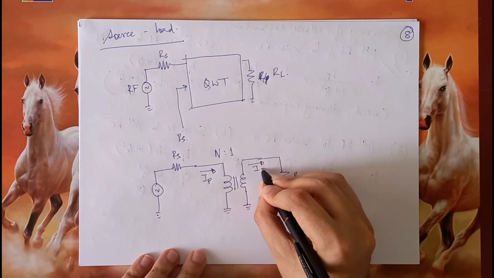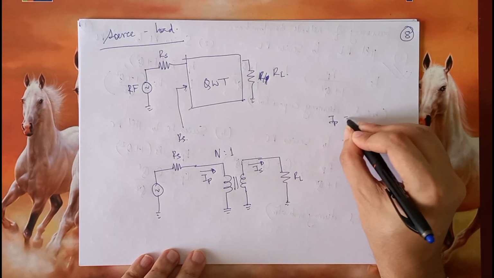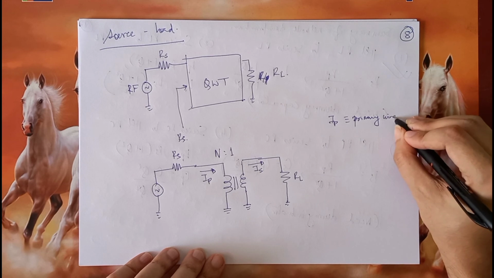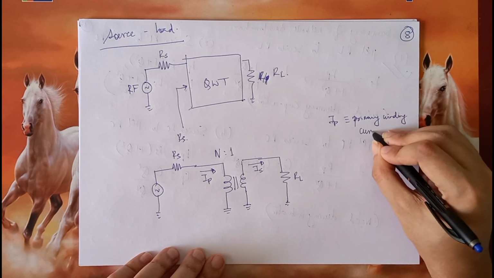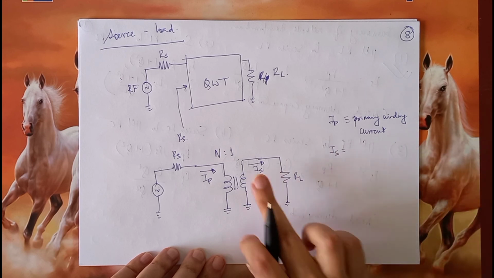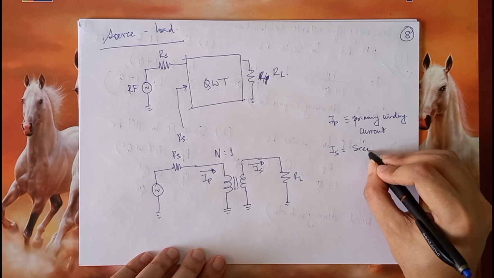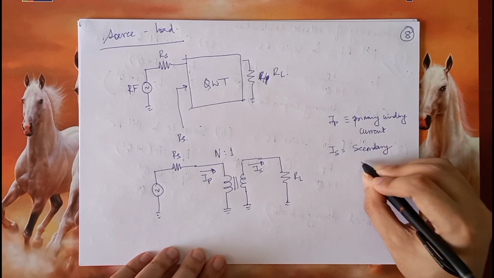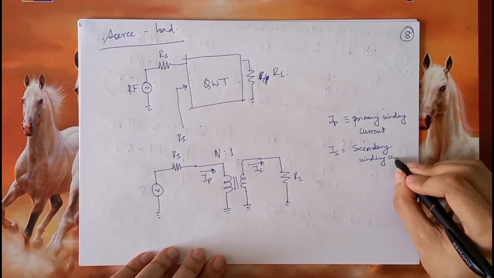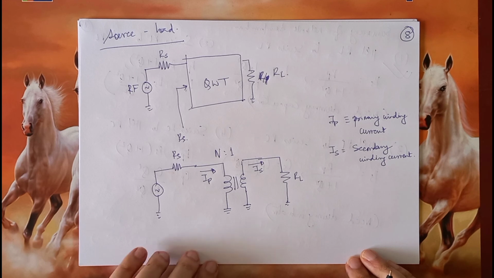Let's call it IS. So IP, primary winding current. Don't confuse this as series and parallel. It may look the same because of the suffixes. IS, secondary winding current.